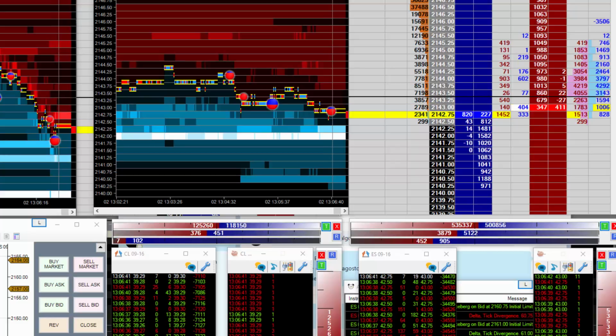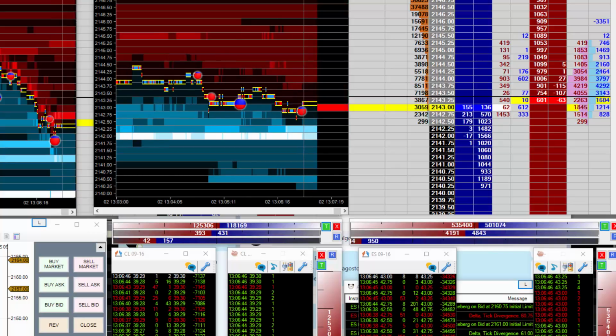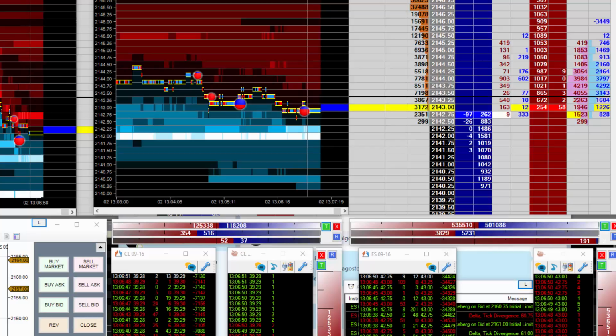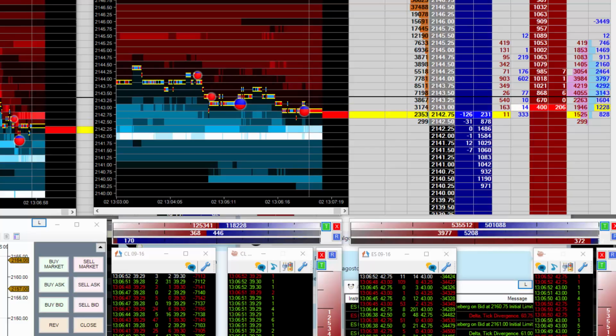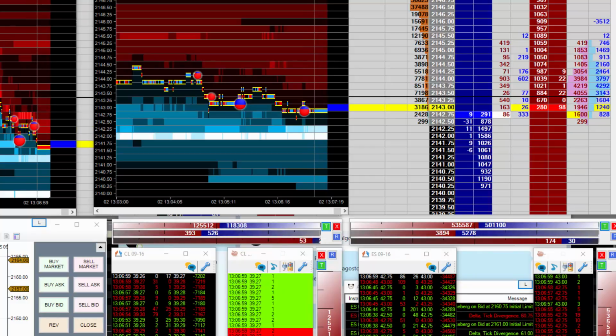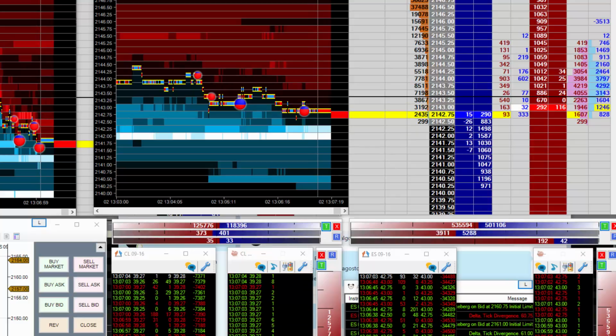So once again we saw sellers. However, the price didn't move down, so I was thinking, okay, so this might be the bottom. However, we'll see once again how the sellers will push the market a bit lower, actually to the low of the day. I think it's 41.50. I think it printed today.